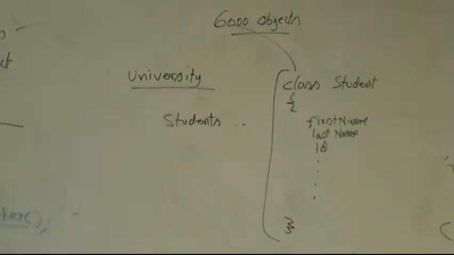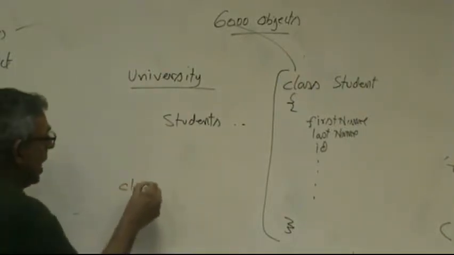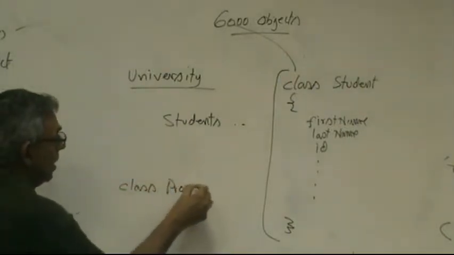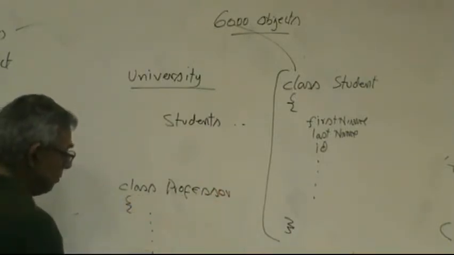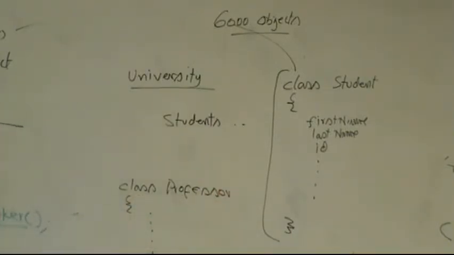What else does a university have? University has professors, right? Let's pretend there are 500 professors, okay? So we will create a class called professor, and then start listing the different fields we need to represent each professor. Other than the first name, last name, each professor belongs to a department.